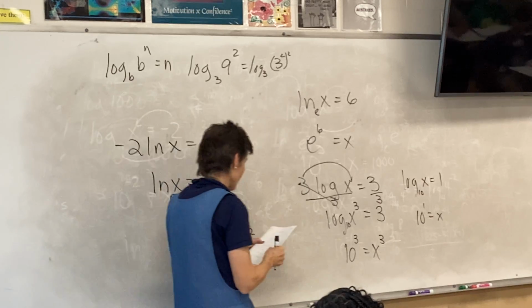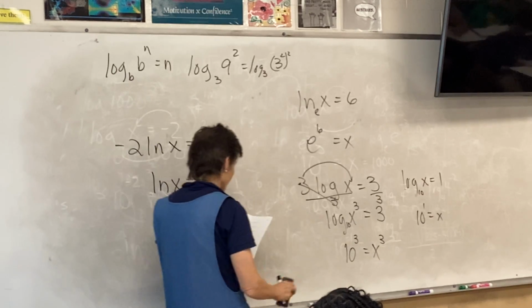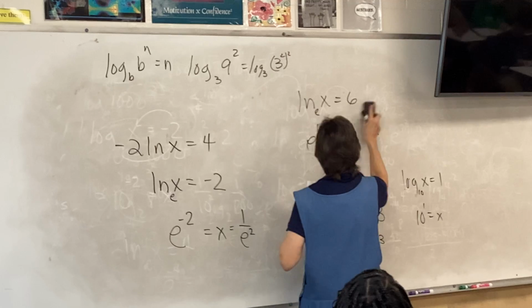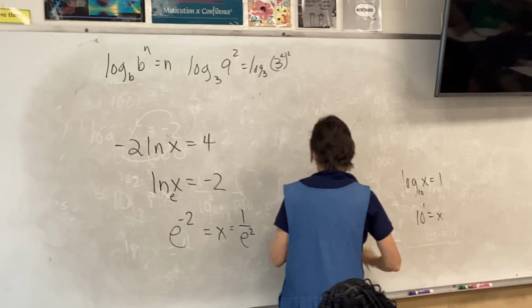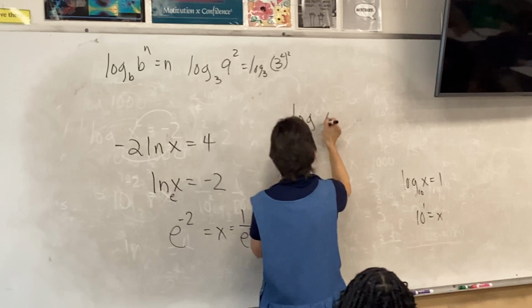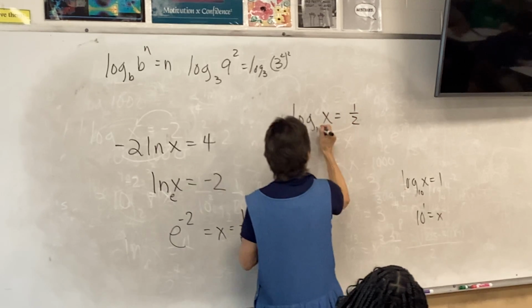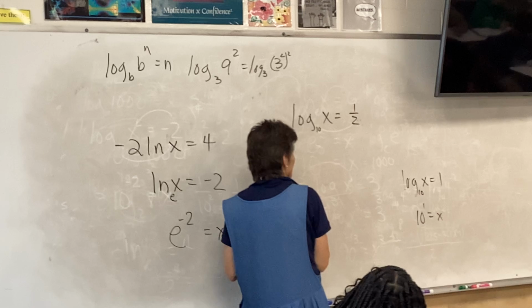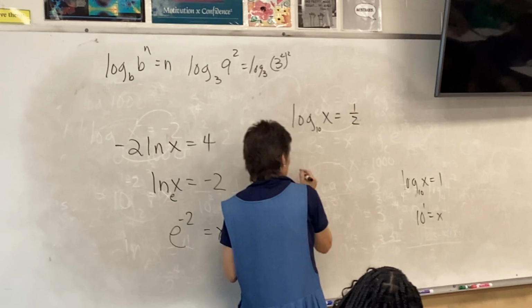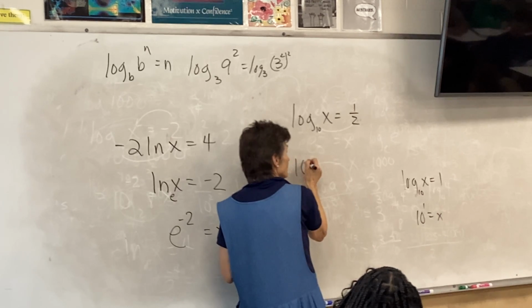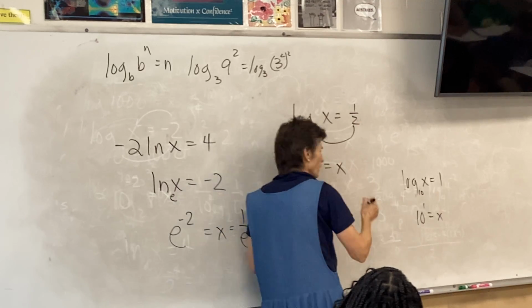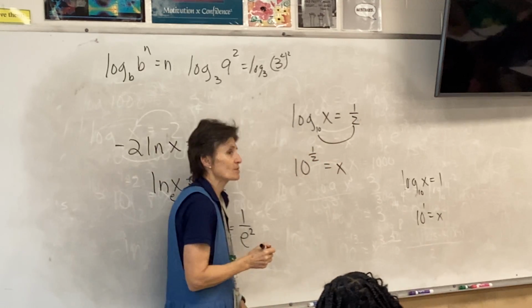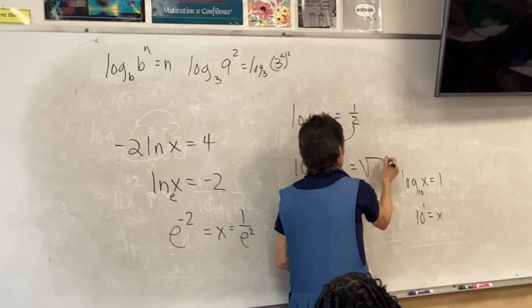All right, we've got to get through 3 more, guys. We can do it. What do you think about H? Base is 10. I heard somebody say that. Good. So what does it say? 10 to the 1/2 equals x. What is that? Root 10 equals x. Square root.